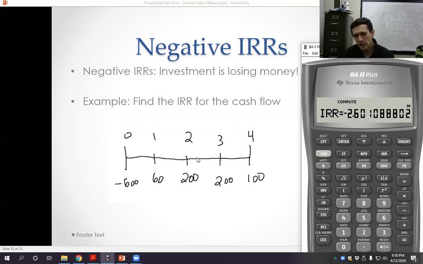Okay, so one thing I want to emphasize with negative internal rates of return, as a matter of practicality, sometimes you just have to deal with them. For example, a very practical example, let's say you're a contractor and you want to build a residential apartment complex.